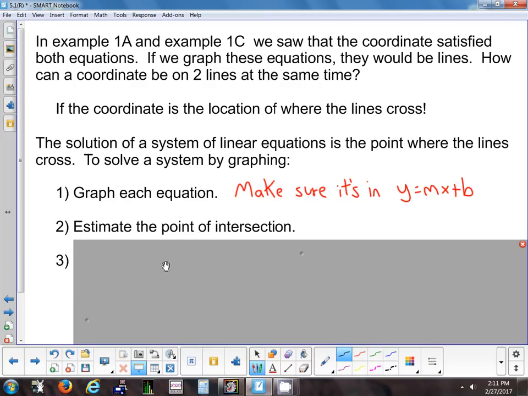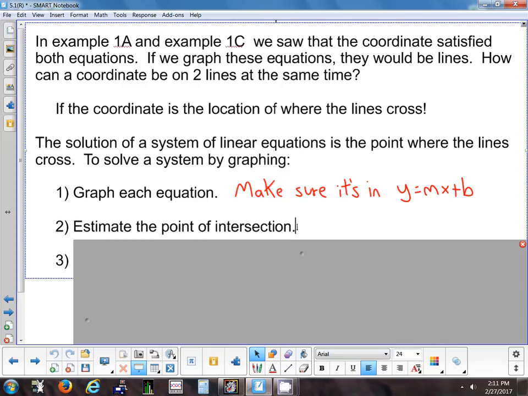So now, once we graph our two lines, we're going to estimate the point of intersection. So what should my answer look like? Not x equals, y equals, careful. You could, that's okay. You could do that. What's another way we could do it? You do it as an ordered pair.